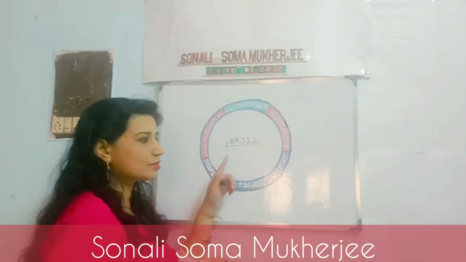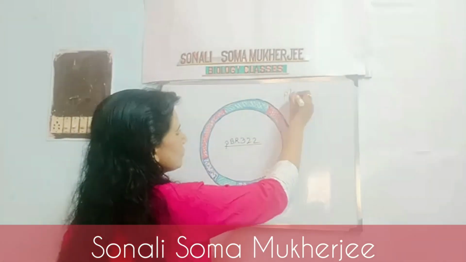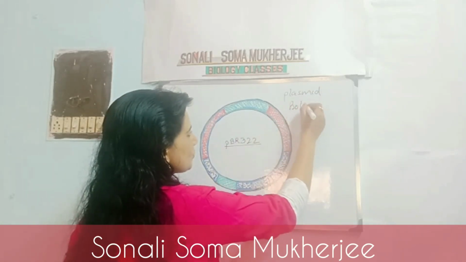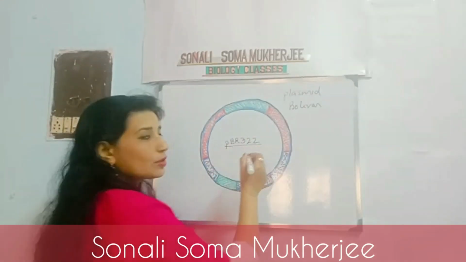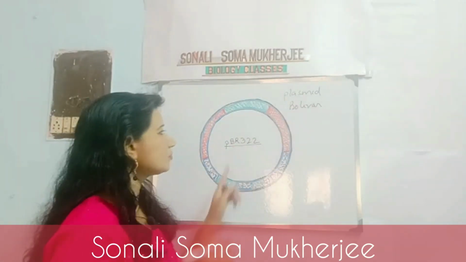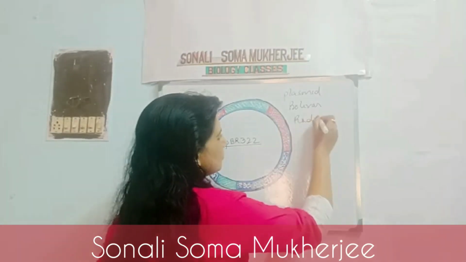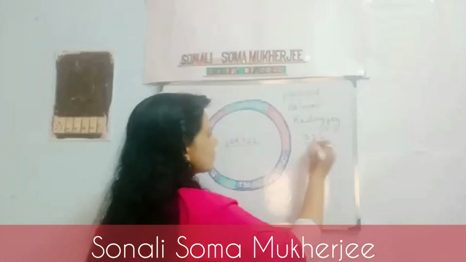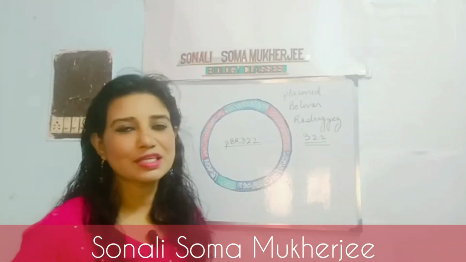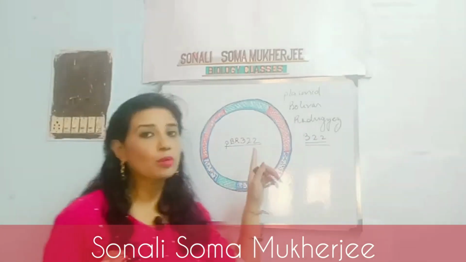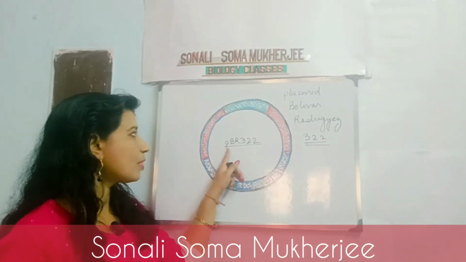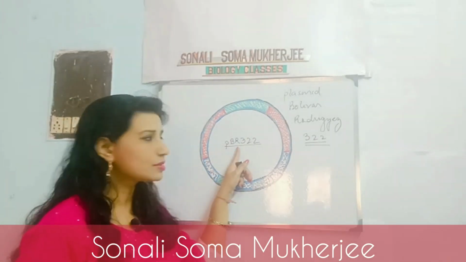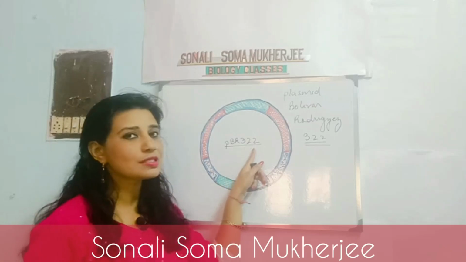The name of this vector: p for plasmid, B for Bolivar, the person who invented it and found out about it, that is plasmid Bolivar-Rodrigues. And the strain that is our concern is 322. As I have said about the nomenclature of vectors, the first part is plasmid, named after the scientist who invented it, Bolivar-Rodrigues, and the strain is 322.